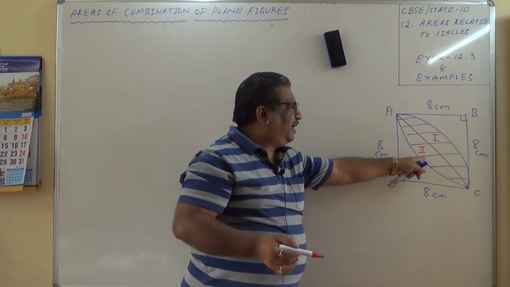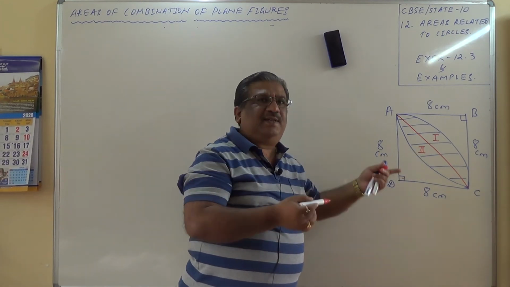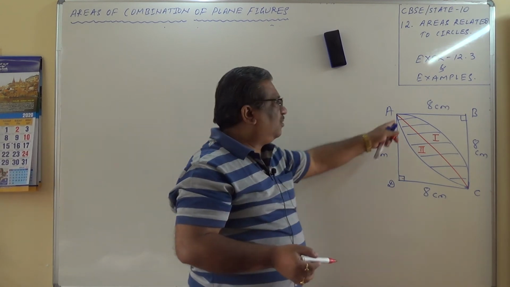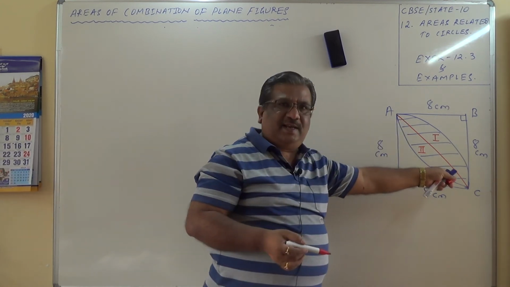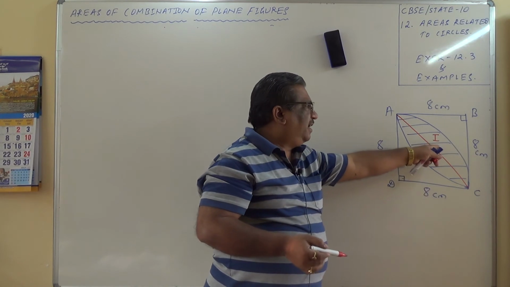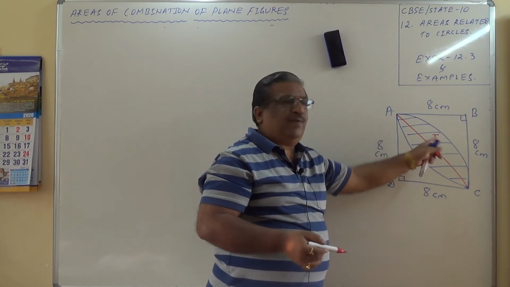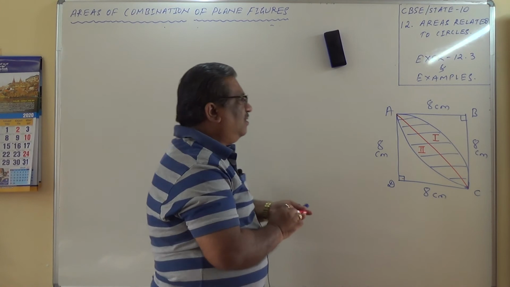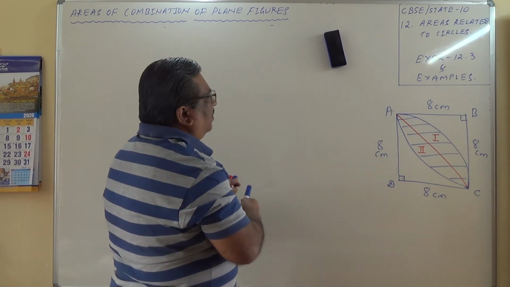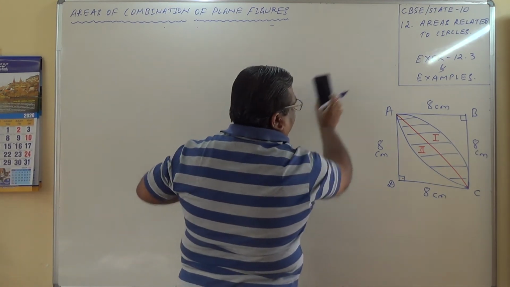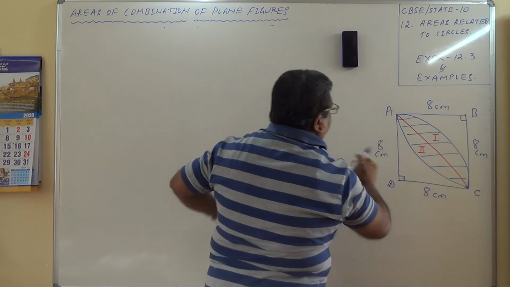The area of shaded region 2 is also the same because it is symmetrical, and therefore the total area of the design is equal to area of region 1 plus 2, or 2 times 1, I can say. Is it clear? So let us find out now. Do we have a radius? Yes, radius is given to us.